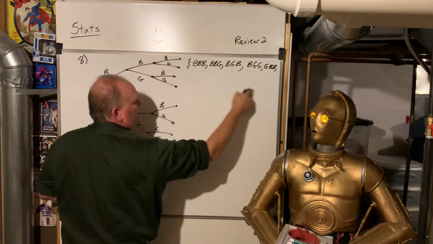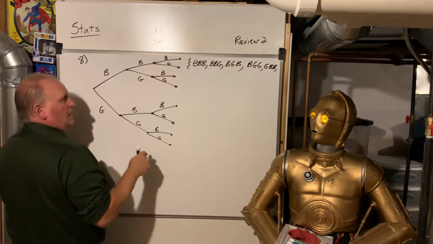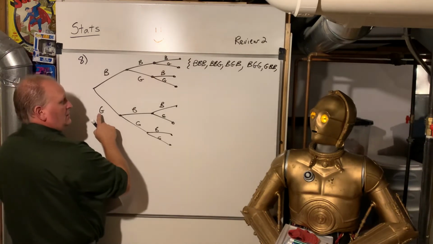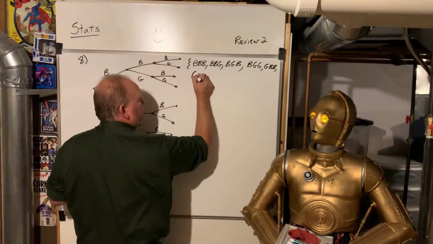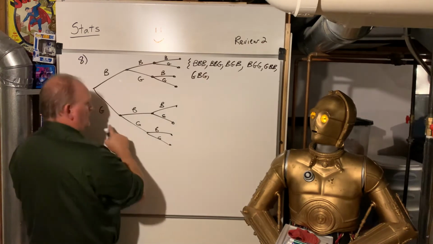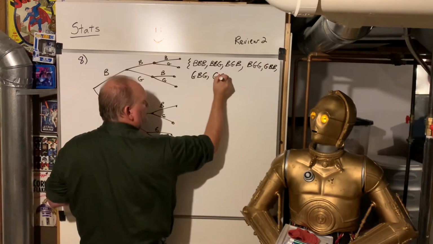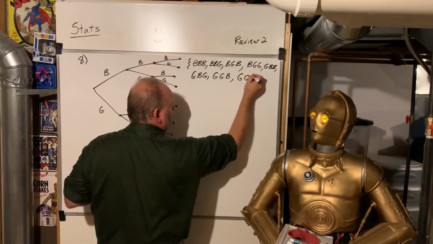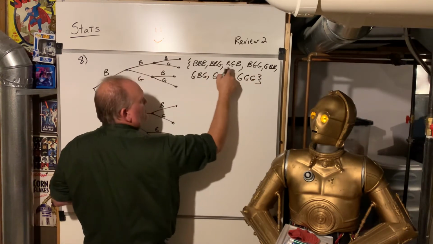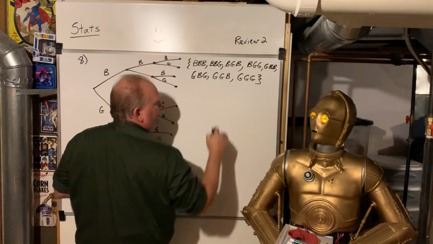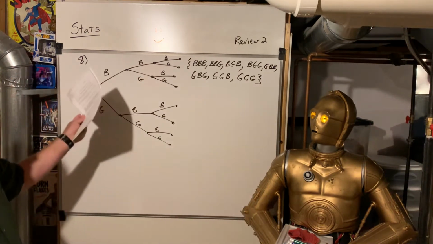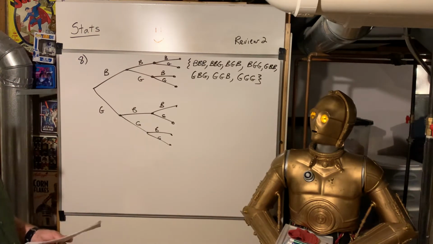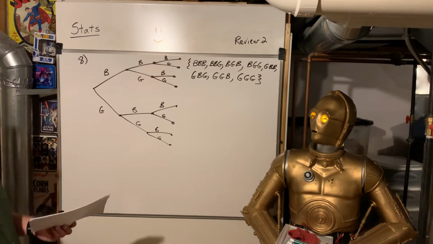I'm going to have to continue the line. I just kind of ran out of room. Girl, boy, girl. Girl, girl, boy. And all 3 girls. Girl, girl, girl. So there are 1, 2, 3, 4, 5, 6, 7, 8 different ways that you could have 3 kids and look at the gender when they're born.